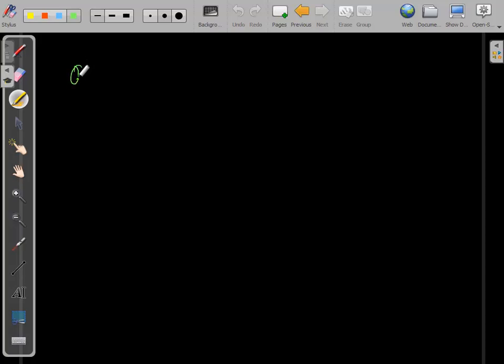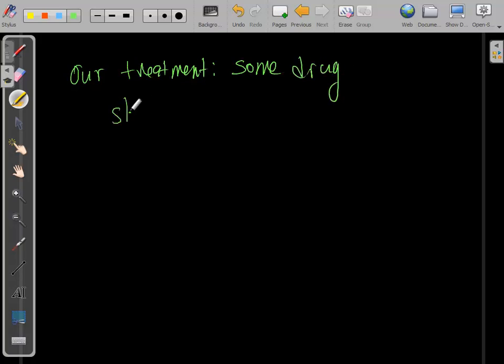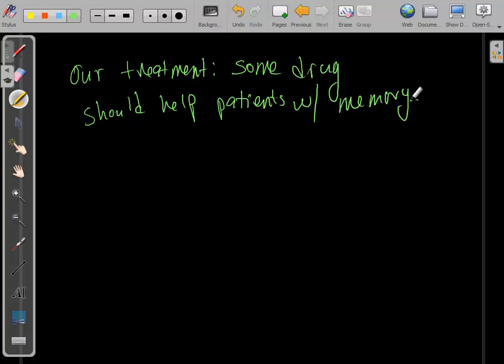So our treatment, let's just say it's some drug, we think it should help patients with memory.